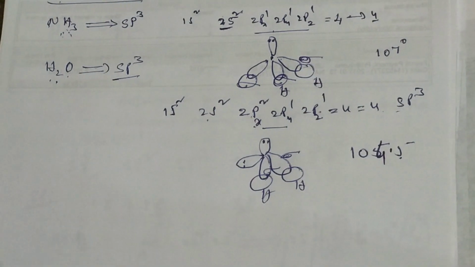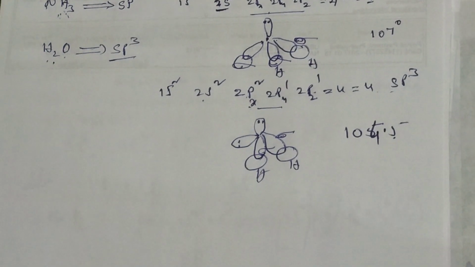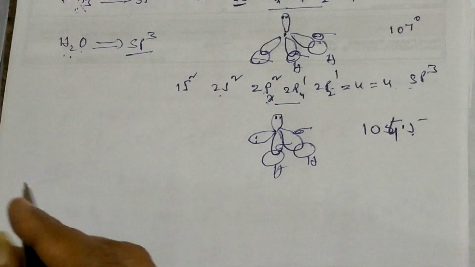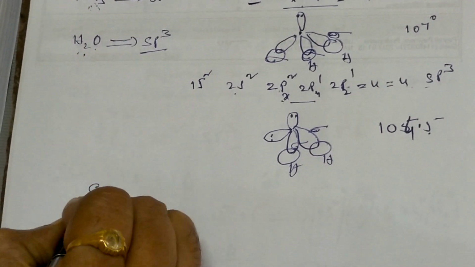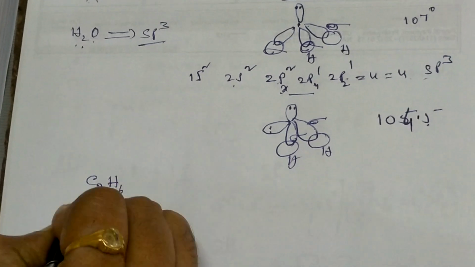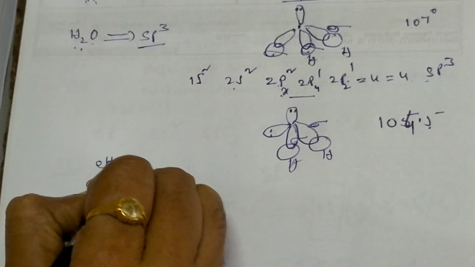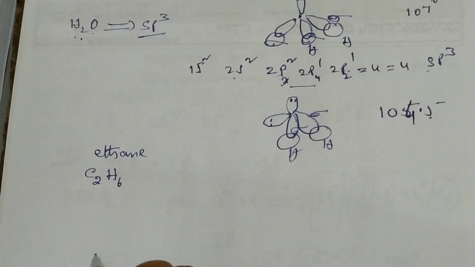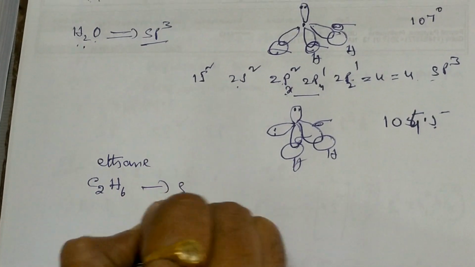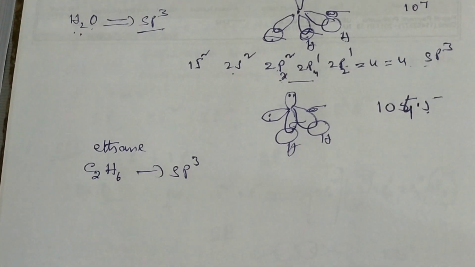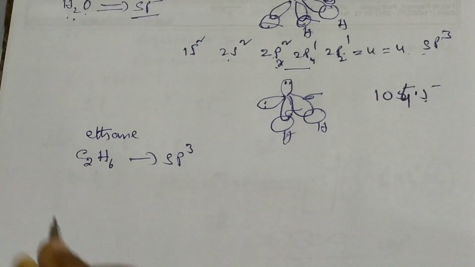Now, most of the time hybridization takes place in organic compounds. What happens in the case of C2H6? It is nothing but ethane. In ethane, this is also sp3 hybridization. Very simple, there is not much ambiguity.